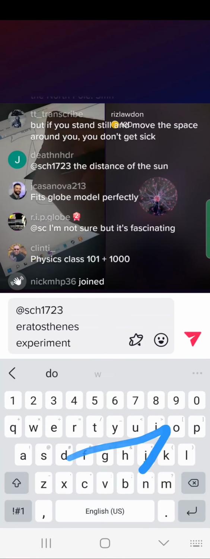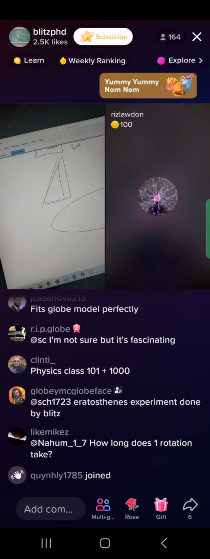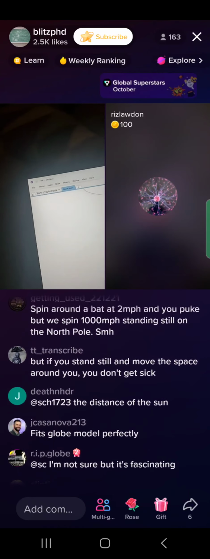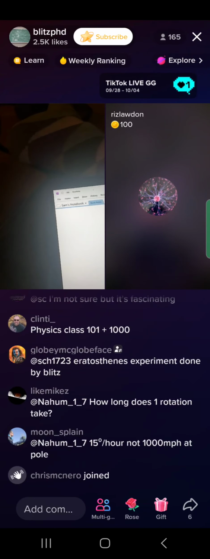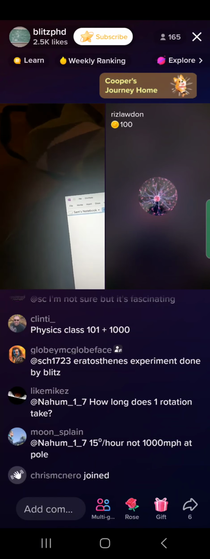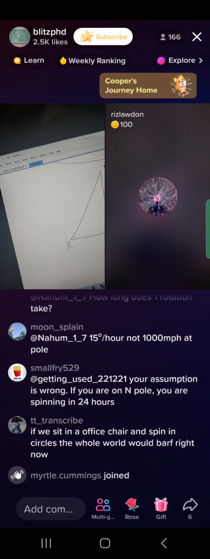Actually, just one second. While you carry on, Blitz, I don't want to interrupt you while you're working on something. Go on. So basically, what your calculation is doing, I'll just draw a picture. Sorry, I can't draw a triangle like this. So here's Riz, here's the subsolar point, and here's the sun.